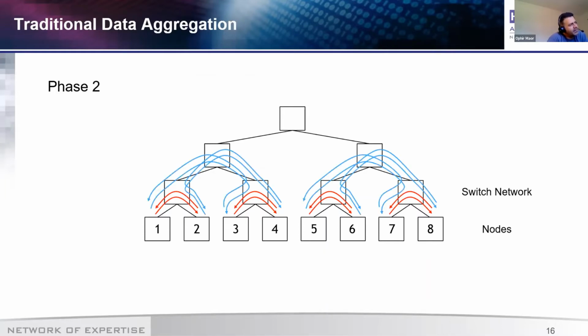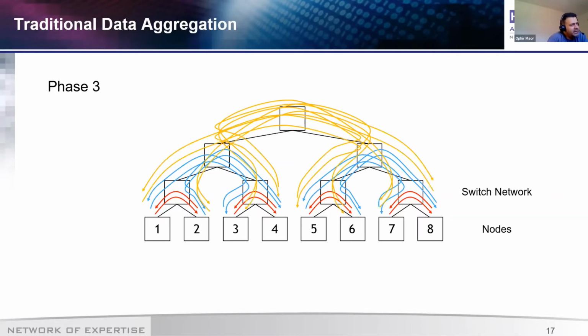Then another collective is sending and exchanging information from other chunks on the second level, and then sending and retrieving more information from the rest of the network. Ideally, the network cannot compute anything, it's just passing data. So you have to do those sends and receives and computation on the compute nodes.